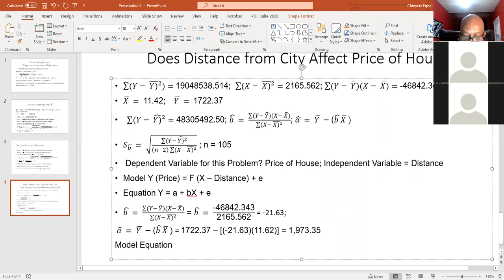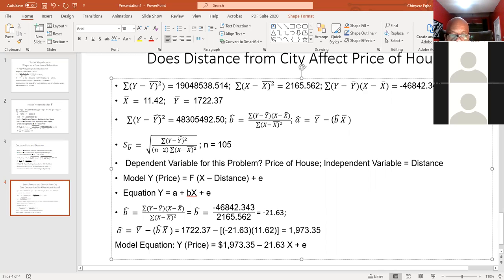The model equation is that y, which is the price, the dependent variable, is equal to 1973.35 minus 21.63 times x plus e. Now this is the model equation.